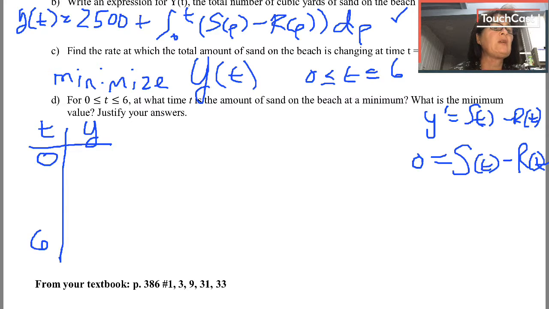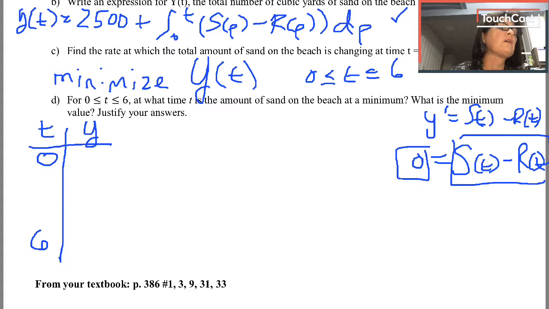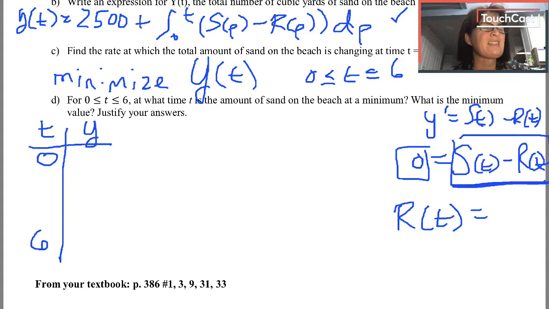You could type y equals 0 into your calculator and y equals this subtraction problem, and essentially you're looking for places where this function crosses or touches the t-axis. Another way to think about it, you can imagine adding r of t to both sides. You're looking for times where the sand is coming in at the same rate as sand is going out.